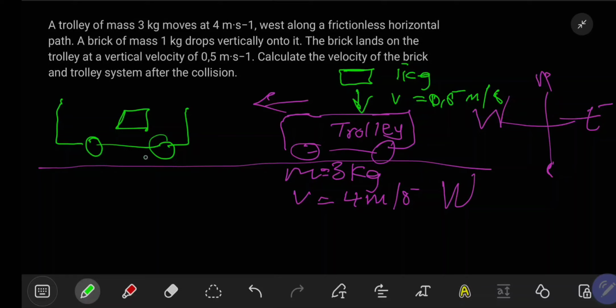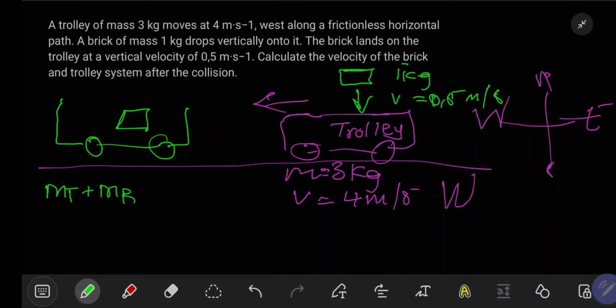So it means we're going to have the mass, which is the mass of the trolley plus the mass of the brick in this situation. So you are going to have 3 kg plus 1 kg, which gives us 4 kg.